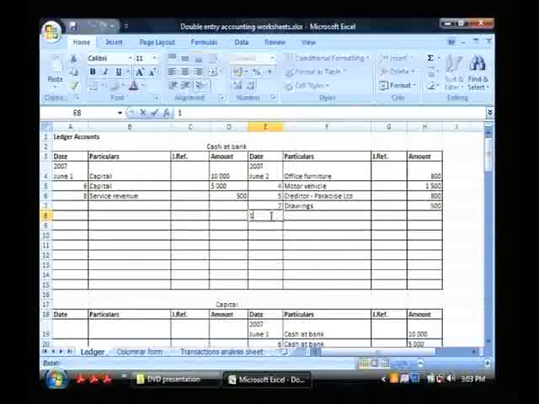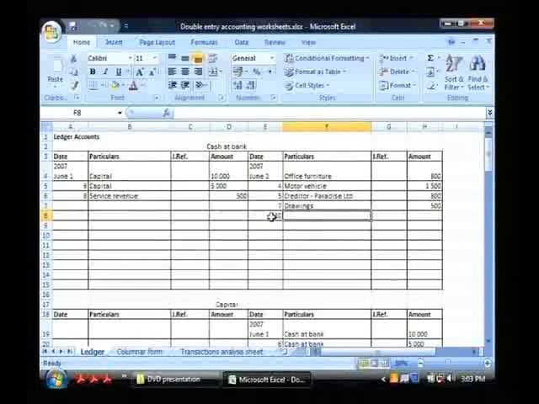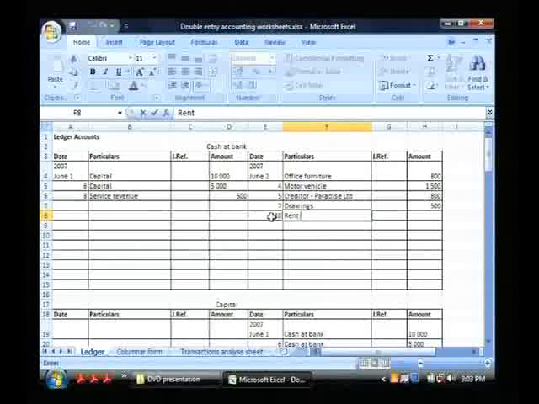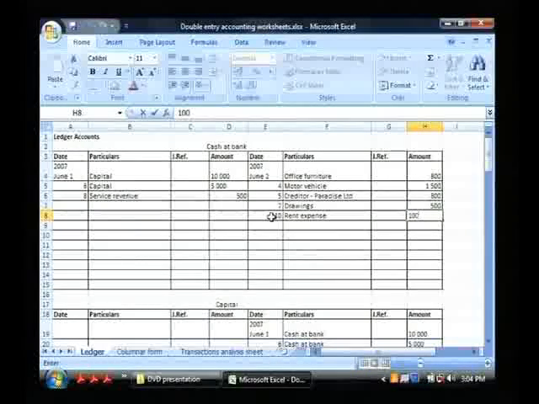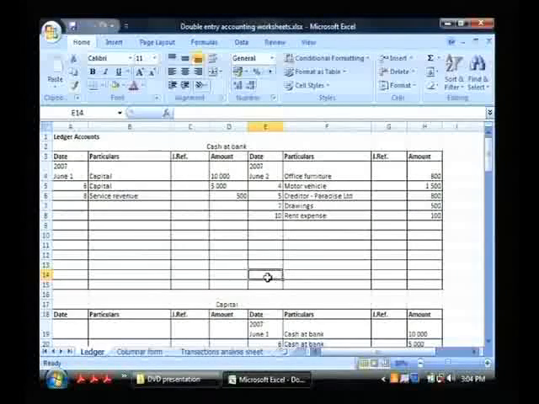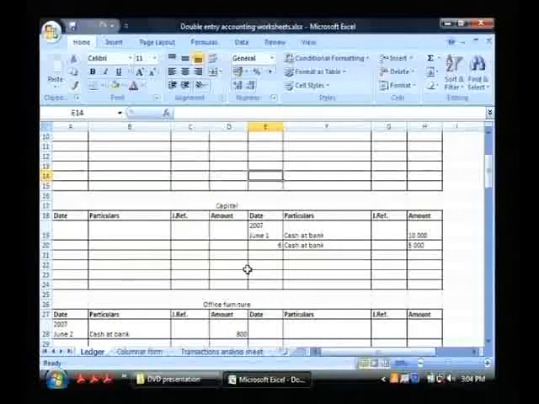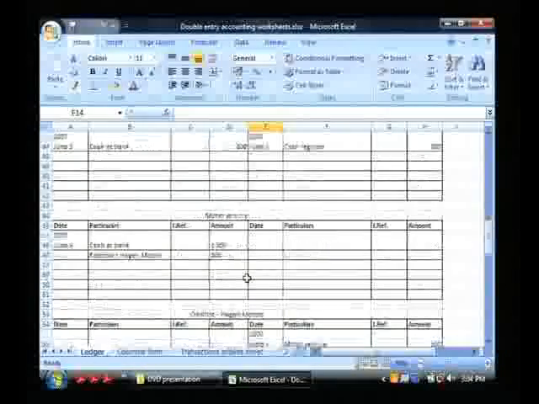Cash at bank, it is rent expense, $100. The last one is purchase of stationery on credit.